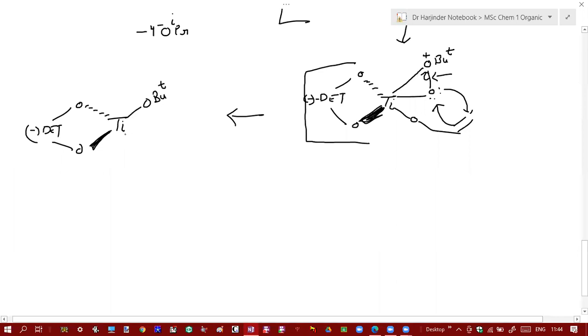Here you will have oxygen, then this one, and this one. So this has added from above the plane. Okay. What will be the next step?